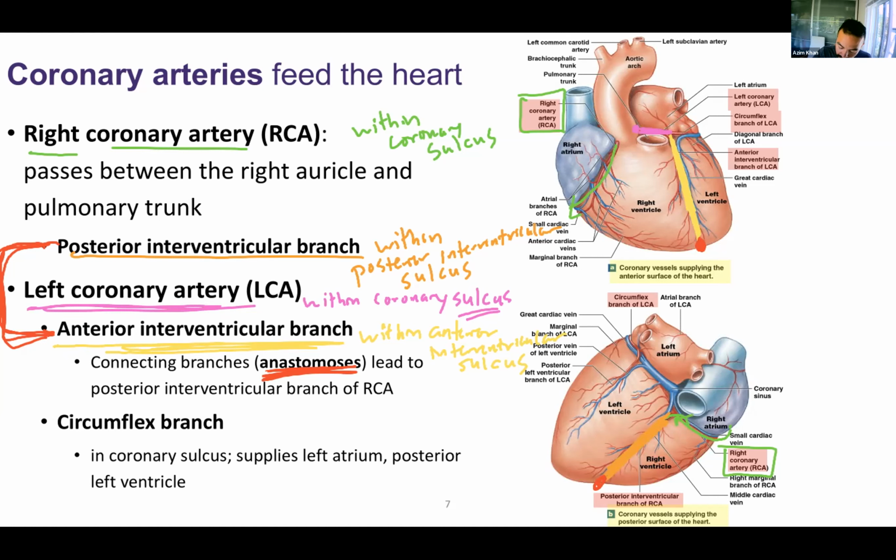It's going to branch this way within the coronary sulcus, except it's going to the left instead of the right. The right coronary artery is in the coronary sulcus on the right side. The circumflex branch of the left coronary artery is in the coronary sulcus on the left side. And look how it wraps around on the back. So we're getting blood to the left ventricle, both anterior side and posterior side.